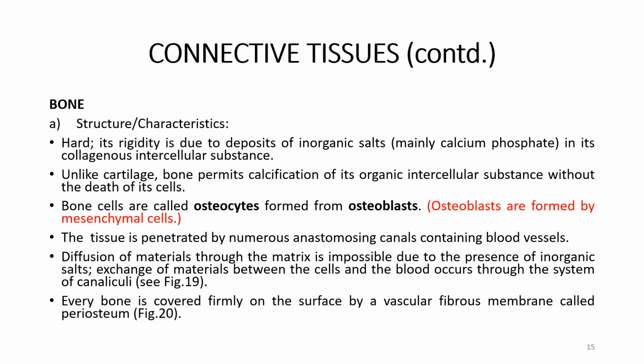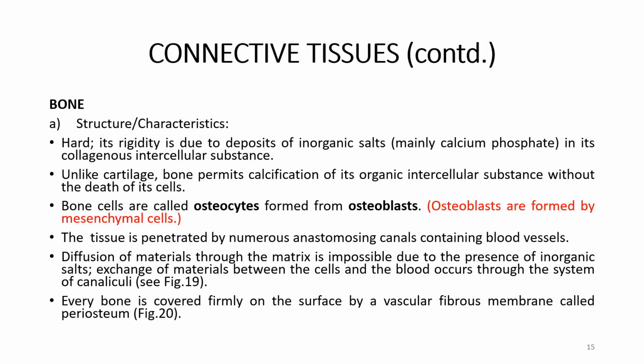Diffusion of materials through the matrix is impossible due to the presence of inorganic salts, which will not allow materials to pass through them. Therefore, exchange of material between the cells and the blood occurs through a system referred to as the system of canaliculi. Canaliculi are like little canals, some spaces, joining together to form larger ones.